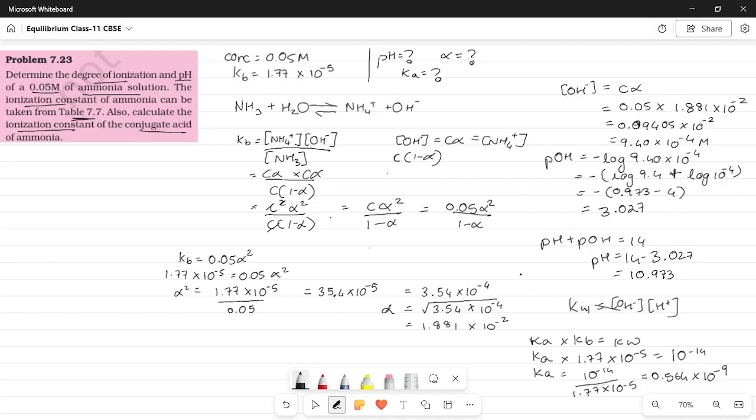You can also do it the other way if you wish to calculate the pH. After that, we used the important relationship Ka into Kb equals Kw for a conjugate acid base pair, and calculated the value of Ka. So with that, we're done with this video. In the next video, we are going to be talking about di and polybasic acids and di and polyacidic bases.